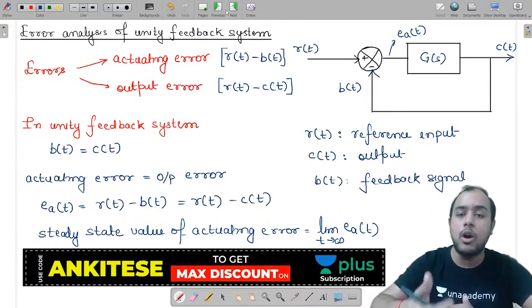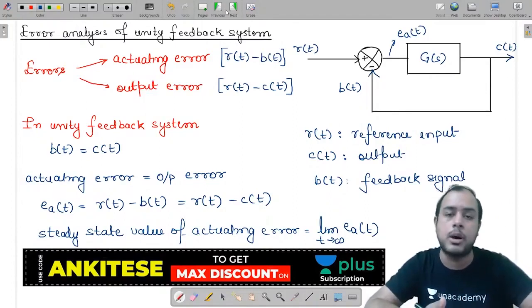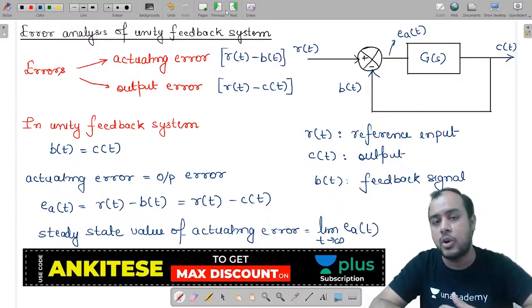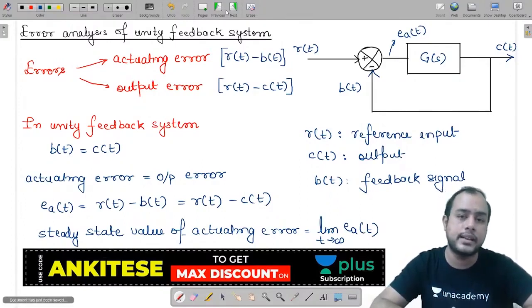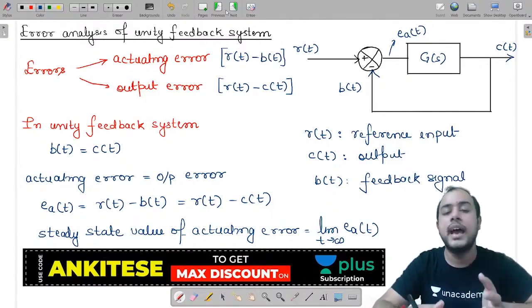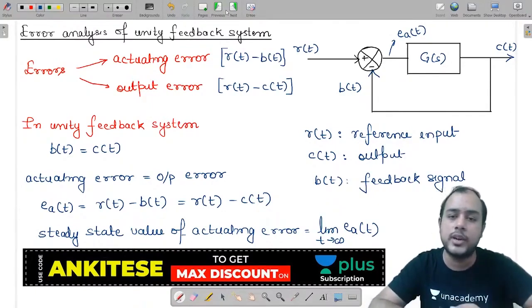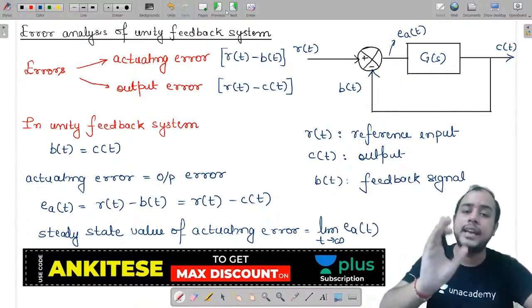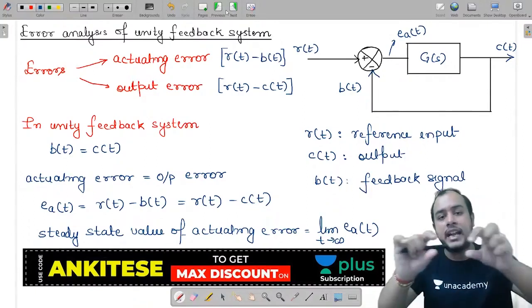Vashisht, basically without a closed loop system, we can't talk about error, because the only reason that we came to the closed loop system was we wanted to minimize the error. Now if you start talking about the error in an open loop system, an open loop system will always be inaccurate. Why inaccurate? Suppose I blindfold you.